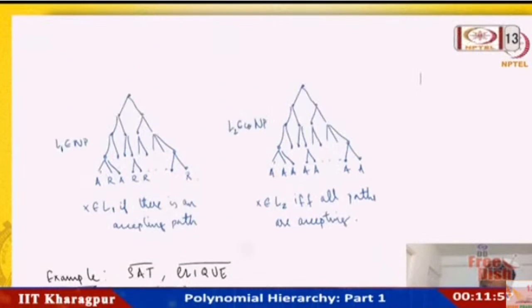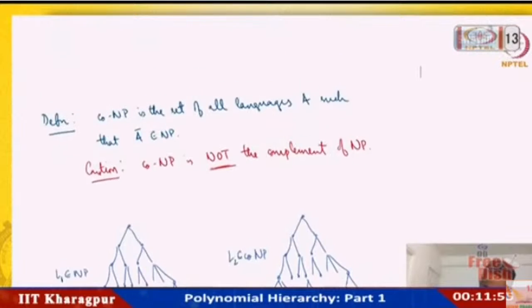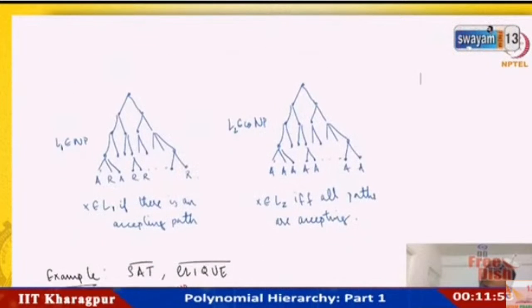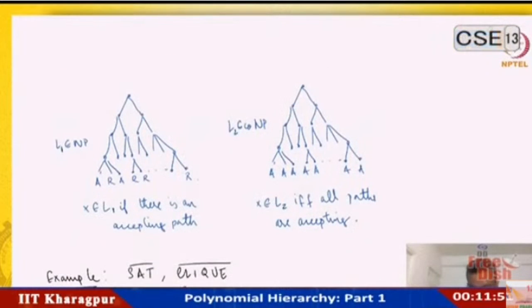Another way to look at it is this. Let's say L1 is in CoNP, right? We had this characterization. You have many different computation paths.